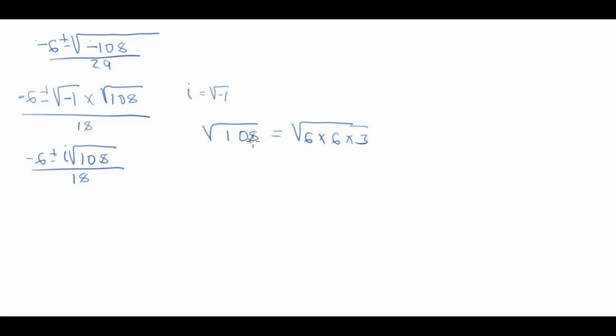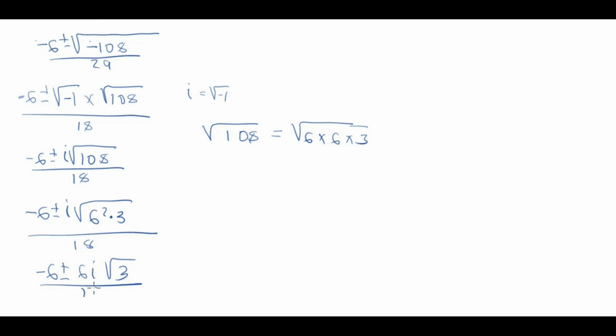So we can write this as negative 6 plus or minus i times the square root of 6 squared times 3, over 18. The square root of 6 squared is 6, so it is negative 6 plus or minus 6i square root of 3 over 18.